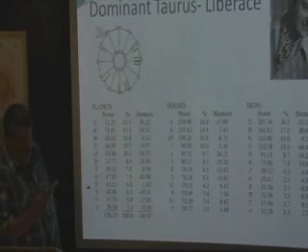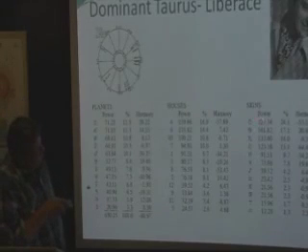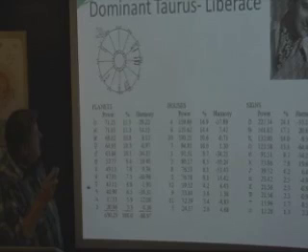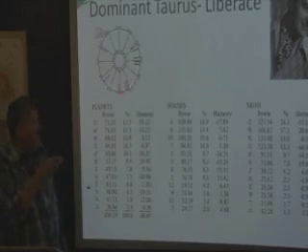So, let's look at it. Taurus, 24.1. If we look at the chart, he's got Mercury, Mars, and the Sun, all in Taurus. And again, much like Brando, look, it's in an angular house. It's in the 4th house.